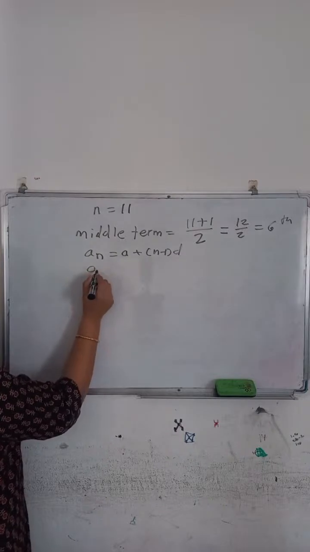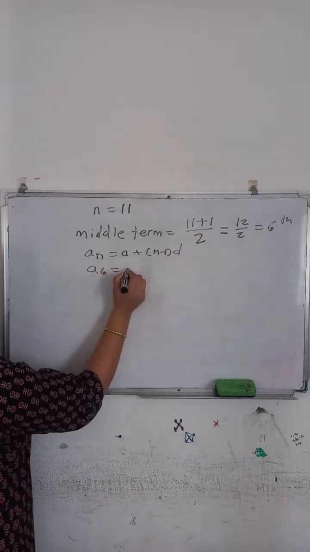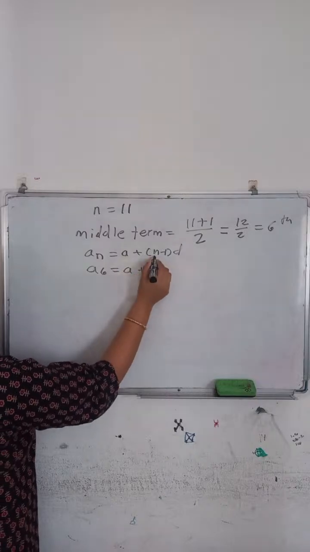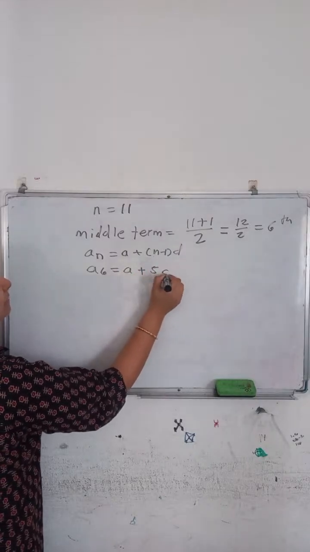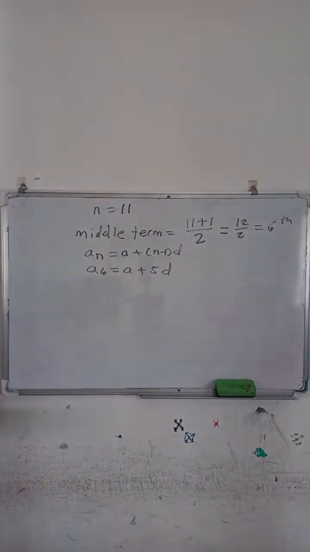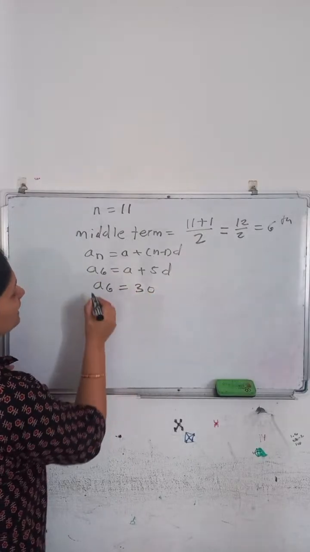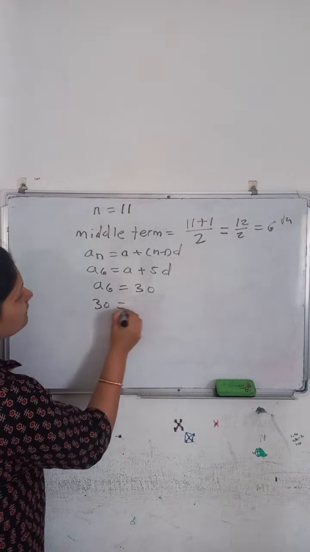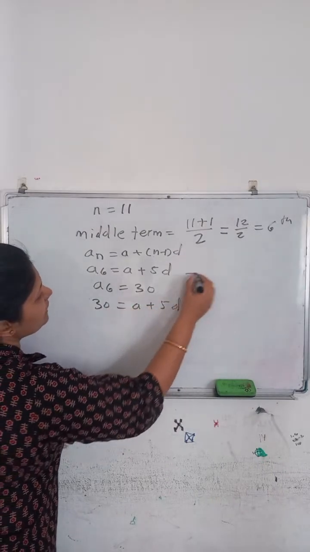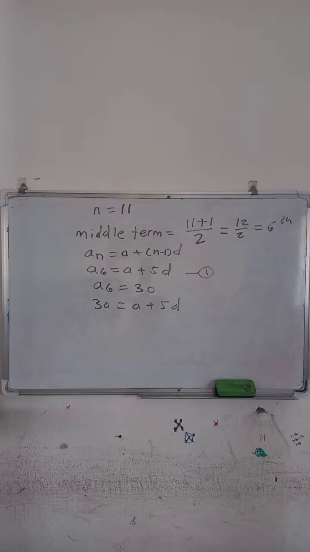So a6 is a plus 6 minus 1 into d, and 5 into d is 5d. Now they are saying the middle term is 30, so a6 is equal to 30. We can substitute: 30 is equal to a plus 5d. I will keep this as equation number 1.